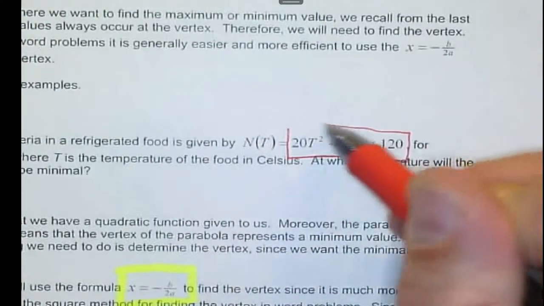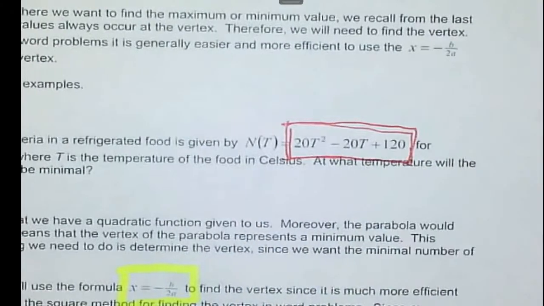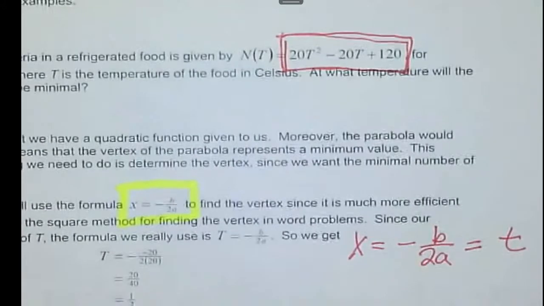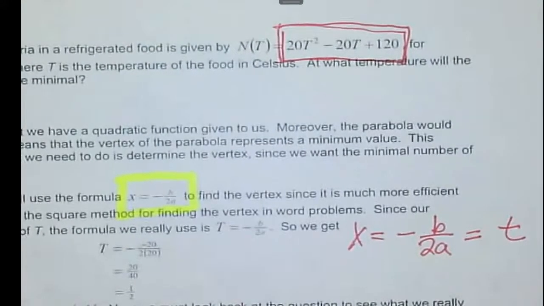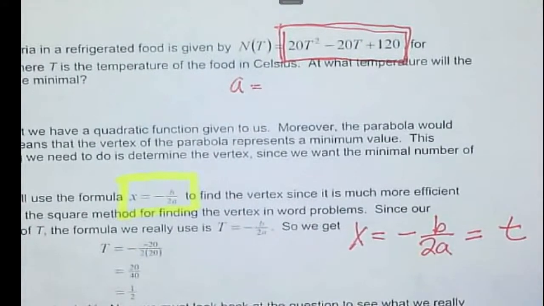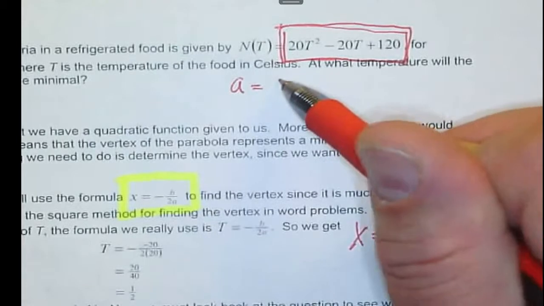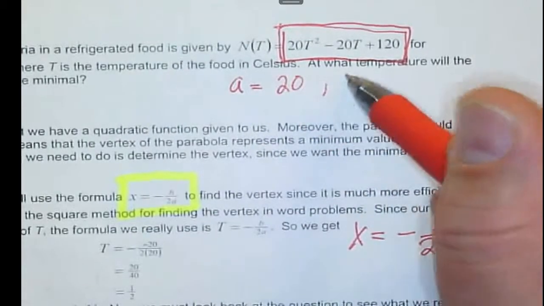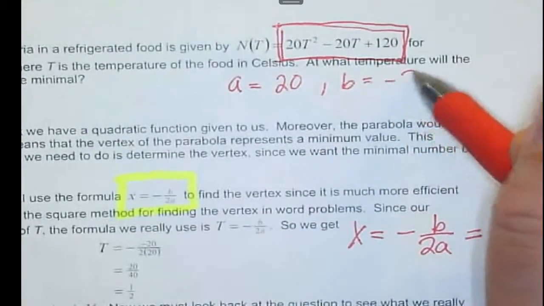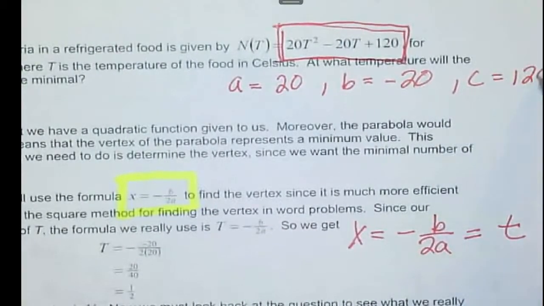Okay, this is going to be a minimum, but that's okay. Let's use that formula there. Okay, so x, what's my a? 20. What's my b? Negative 20. And what's my c? 120.